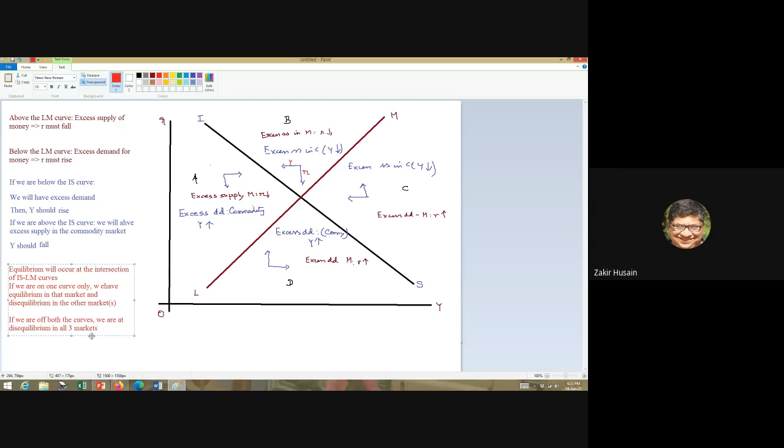But the good thing is, however, the system is stable and we will return to equilibrium. So whichever point we go to, we are going to come back to equilibrium.